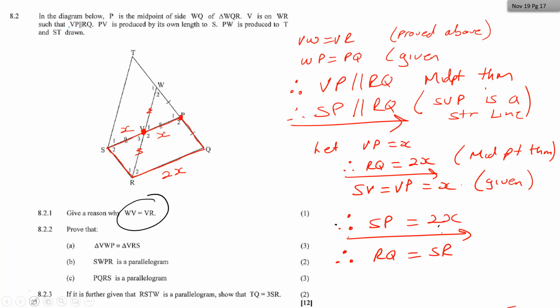Now, conclusion. You can see RQ is equal to SP. And on the top, we proved them parallel. Therefore, PQRS is a parallelogram. And my reason I'm using is pair of opposite sides equal and parallel.